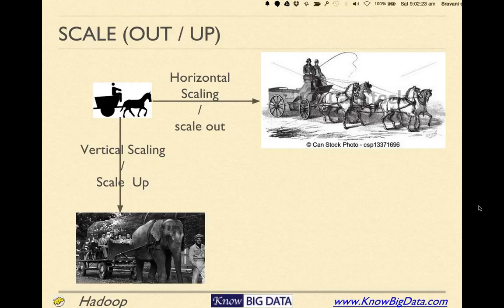Imagine there was one person having one horse and a small cart. Suddenly he has to carry a lot of stuff, and so he has two choices: either buy an elephant instead of a horse, or buy multiple horses and attach them to the cart.